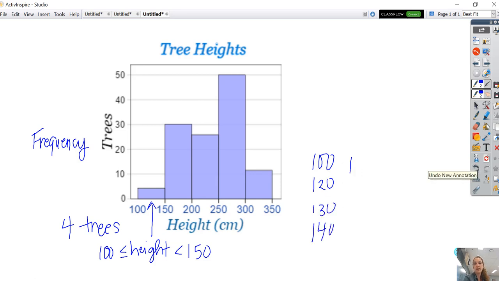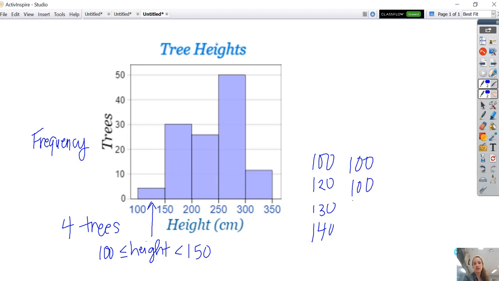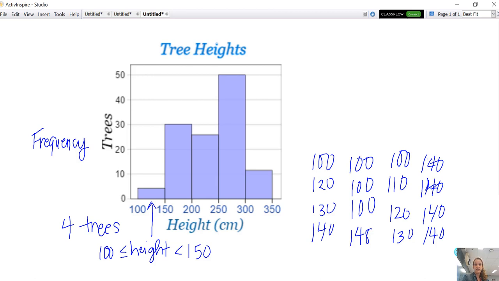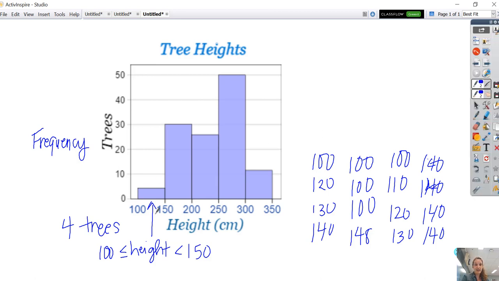We don't know if the heights are 100, 120, 130, 140. It could be 100, 100, 100, 148. It could be 100, 110, 120, or 130. Or it could be 140, 140, 140, and 140. We have no idea.